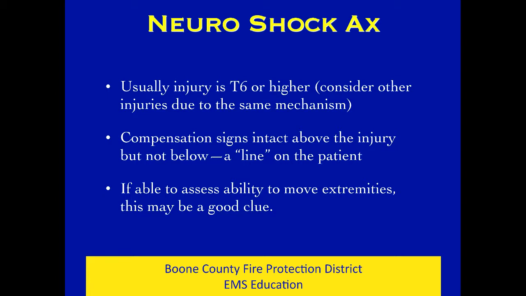So don't forget that injury could also have caused significant bleeding in the chest, maybe broke a rib, maybe be leading to tension pneumothorax. So you might have hypovolemic shock and neurogenic shock. You might have hypovolemic shock and obstructive shock along with neurogenic shock. You could have more than one thing. So if the injury is significant enough to disrupt the cord, don't forget that there could be other problems as well.